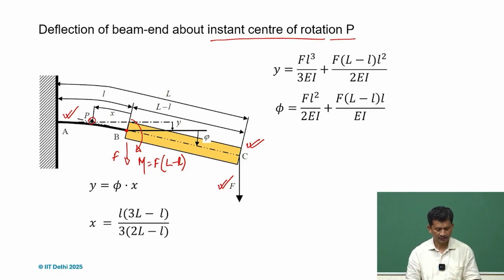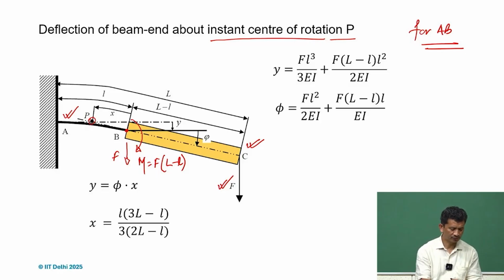Just take this case. If we take section AB, and at B we calculate the equivalent forces, there will be a force F acting downwards, and a moment acting at B, which is F times capital L minus small l. If we substitute what we derived earlier, this is the moment part.